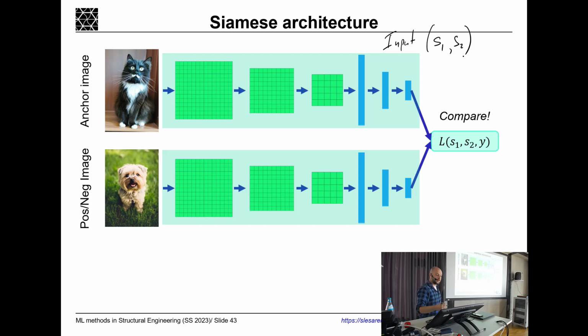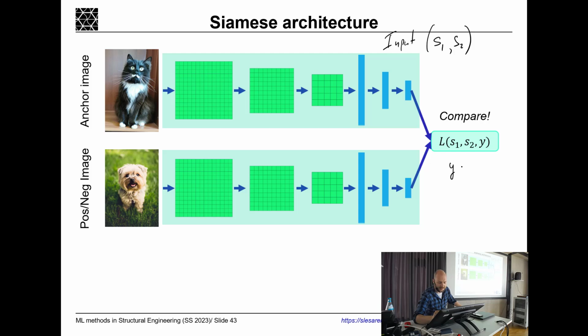We run them through the neural networks independently. As you already probably guessed, the neural networks are absolutely identical. The top neural network and the bottom neural network have absolutely the same weights, which is why I highlighted them in green. That's why they're called Siamese. What we actually have as an output is a label, but now our label is not cat or dog.